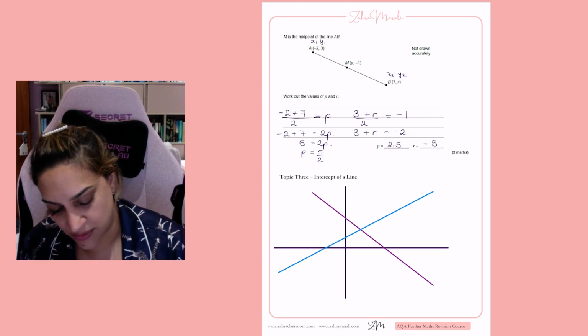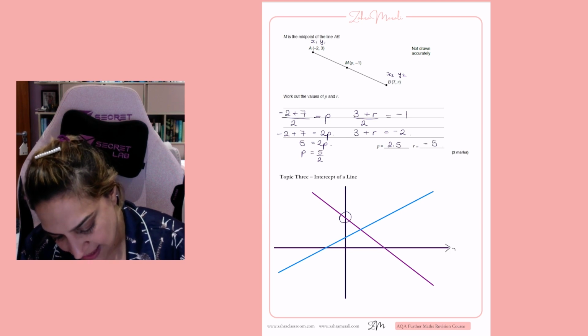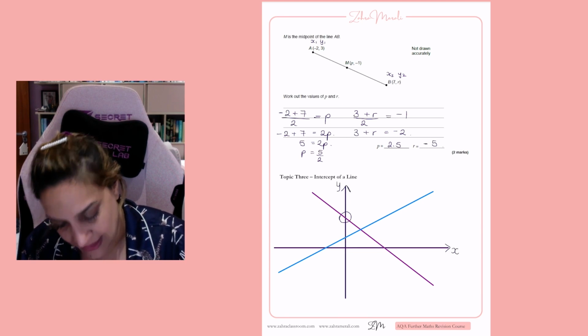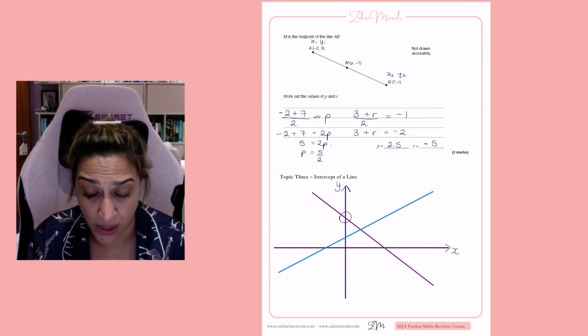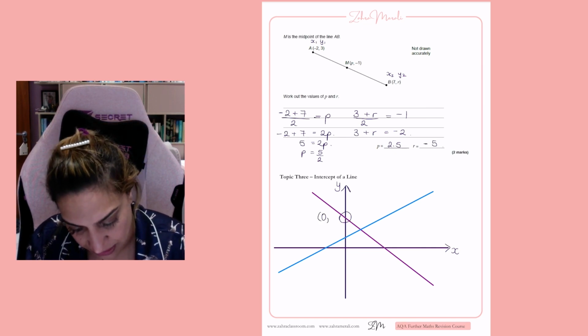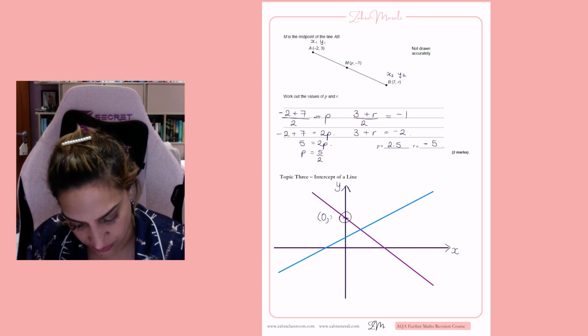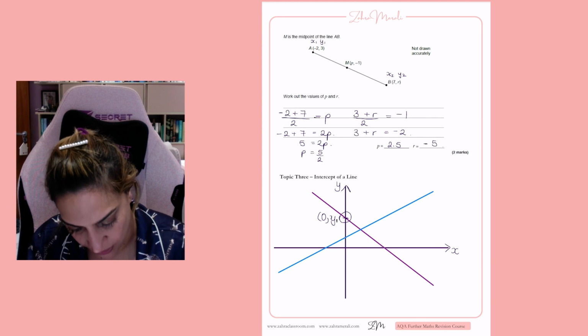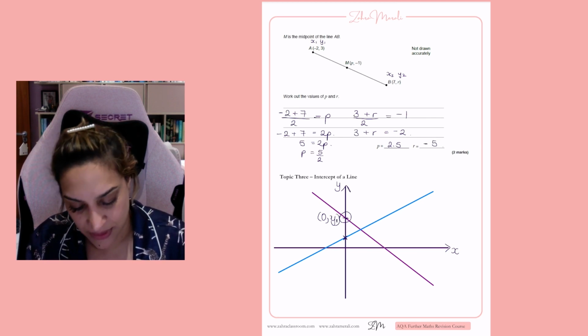Okay, so let's look at some coordinates. This here is where the purple line intercepts the y-axis. It's my y-intercept. So this would be 0, and it would be some y-coordinate, 0, y1, let's say. And this as well would be a y-intercept.